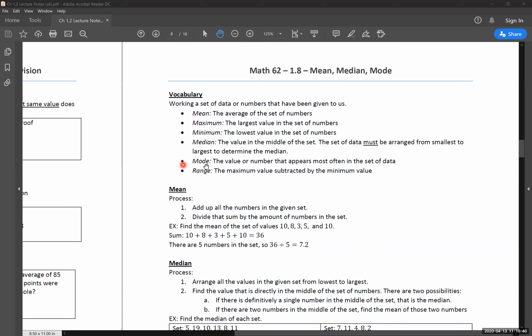The mode is the value or the number that appears the most often in the set of data. If I look at all of this, maybe I have three 10s showing up and everything else just shows up once. It's just what has the greatest frequency of showing up in the set of data. That's the way of looking at it. And then our last one that we have is the range. And that's the maximum value minus the minimum value.